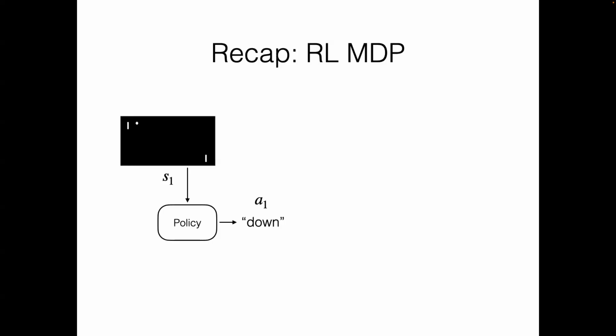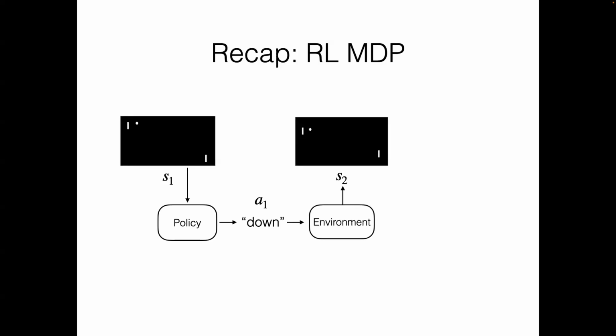Then you give this to your policy, and it could take an action like down. Then you give it to the environment. You'll also see this named as a transition function or a transition distribution. It then executes this action on the Atari game playing system, and that results in a new state or a new observation, which is this image here.